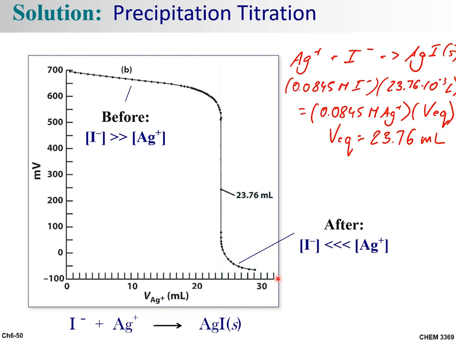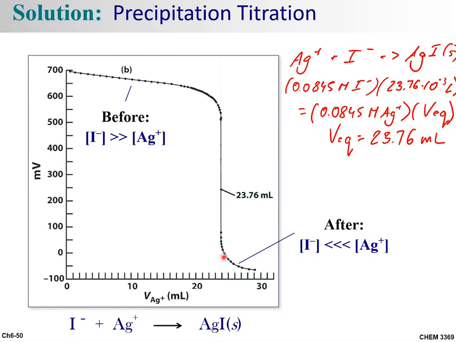From this titration curve, the middle part of this vertical section is taken as the endpoint in the titration. Okay? So you can see that it is indeed very close to the theoretical equivalence volume, which is 23.76. So from that scale, you can estimate it, but it should be very, very close to the equivalence volume.